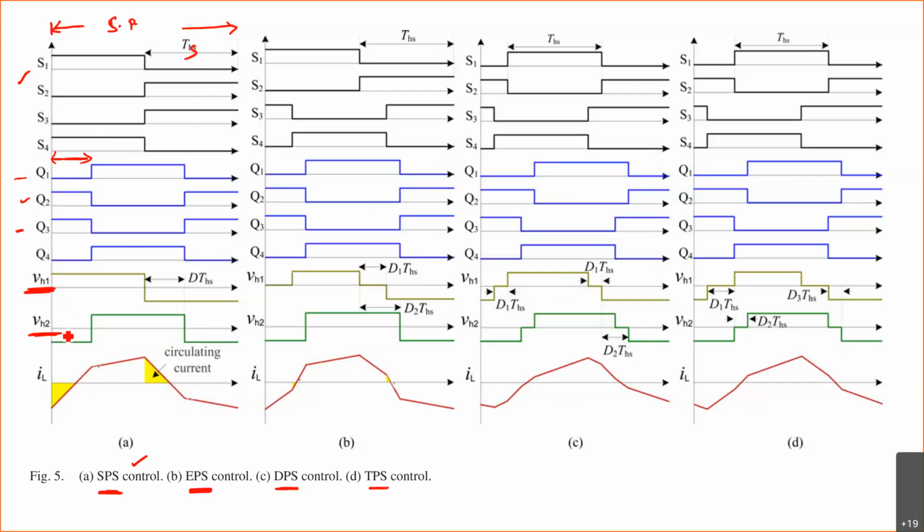So the inductor voltage is VH1 plus VH2 up to here; from here to here it is VH1 minus VH2; here it is minus VH1 minus VH2, and this is minus VH1 plus VH2. Since it is VH1 minus of minus VH2, it is VH1 plus VH2.